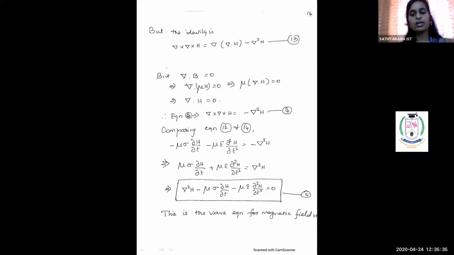This is going to be our 15th equation, that is the wave equation for magnetic field.